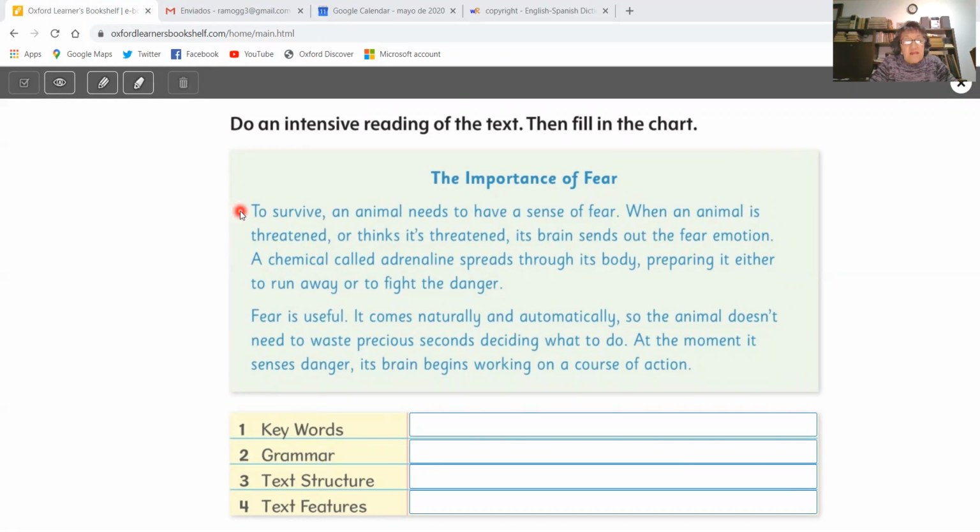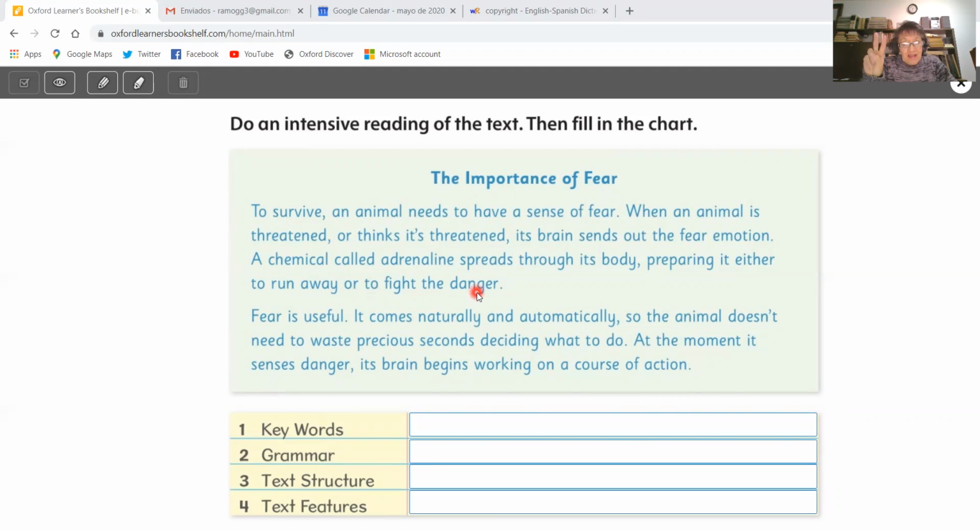Okay, it says, to survive, an animal needs to have a sense of fear. When an animal is threatened or thinks it's threatened, its brain sends out the fear emotion. A chemical called adrenaline spreads through its body, preparing it either to run away or to fight the danger.